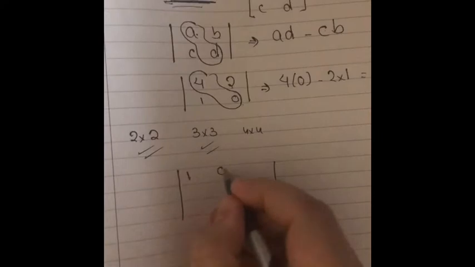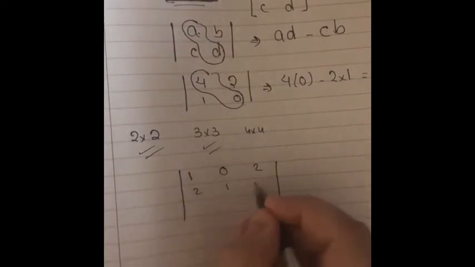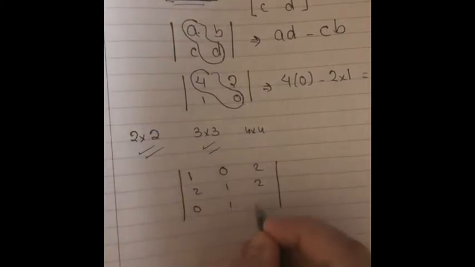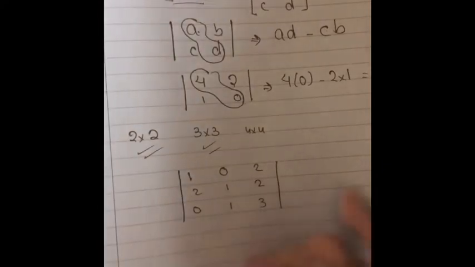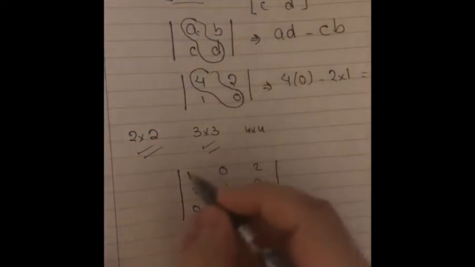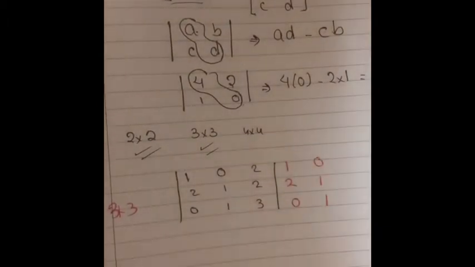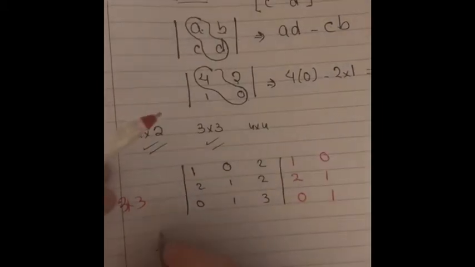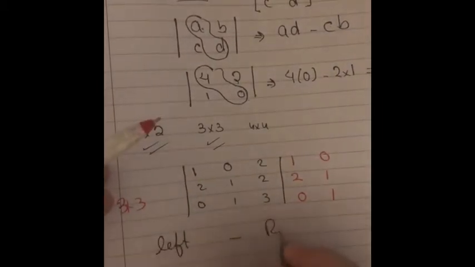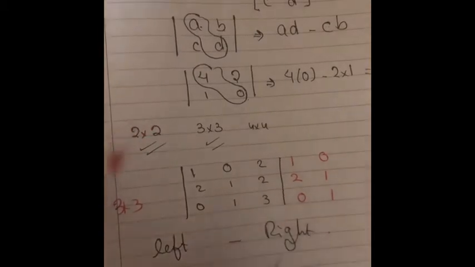Let me say I have 1 0 2, 2 1 2, 0 1 3, for example, and I want to find the determinant of this. Okay, we would copy the first 2 columns outside again. This is a 3 by 3 determinant. I'm going to copy 1 0 2 and 1 0 1, and then I'm going to do left side multiplications minus right side, and remember there is a minus.